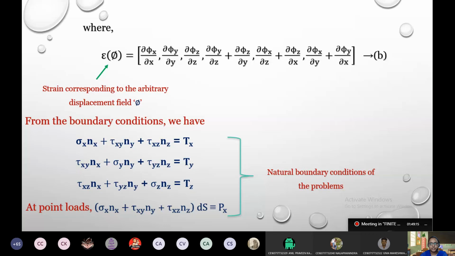Are we done? Shall I go to the next slide? No, ma'am. Faster please. You can find all these equations in your boundary conditions class.